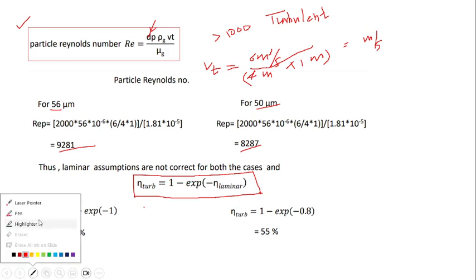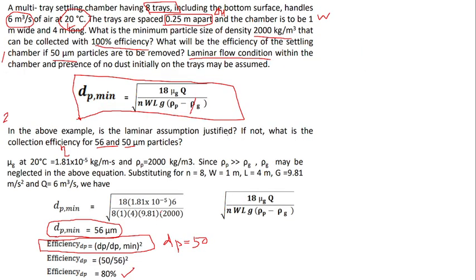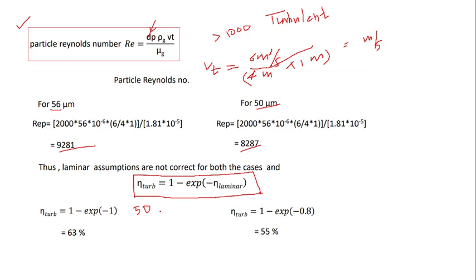So we now know that we have to calculate for both cases. If it is 50, the efficiency is 80 percentage. If it is 56, the efficiency is 100 percentage. That is what we are substituting in this formula.